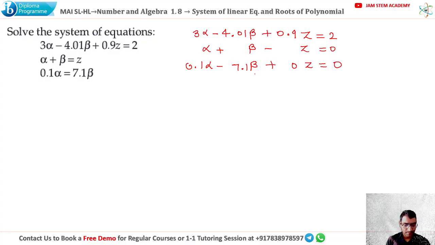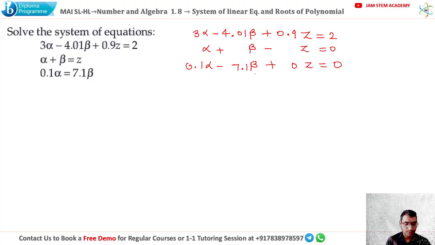then go to menu, algebra. It shows number 2, solve system of linear equations. Select that and it will ask you for the number of equations. This time we have 3 equations in 3 variables, so enter 3. After entering 3, you can either change the variable names to alpha, beta, z or x, y, z. You can leave that.